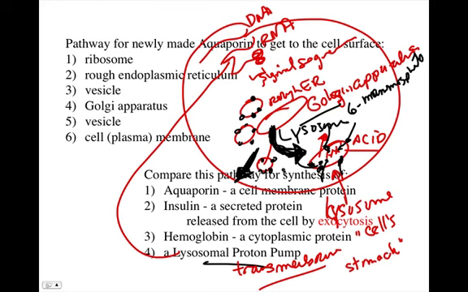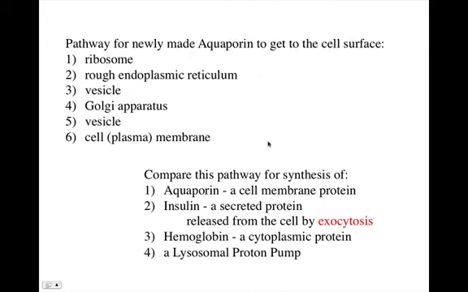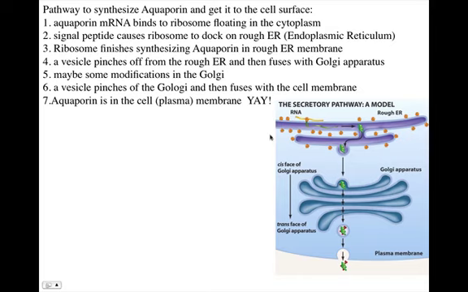So here we have this idea of vesicle trafficking, bringing stuff to the cell membrane, and we also have the idea of vesicles turning and heading in different directions depending on the cargo they're carrying. Here's just a drawing of this secretory pathway. In this case, this little green would be the equivalent of a protein like insulin that's going to eventually be released, free to float away from the cell, like that.